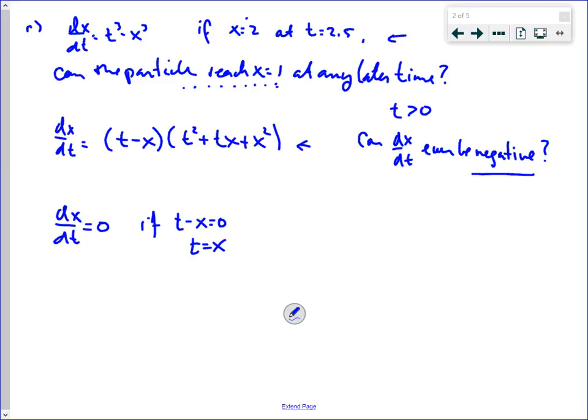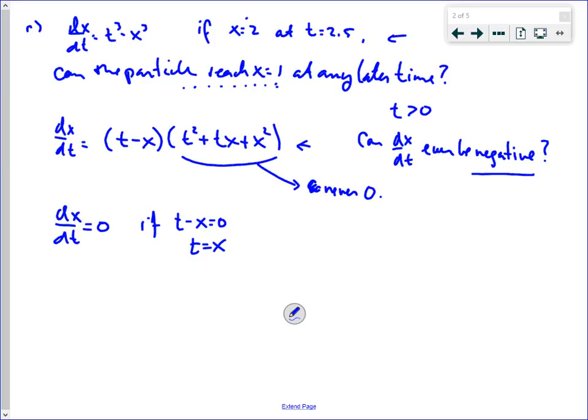And that second term, t squared plus tx plus x squared, that's never 0. This, when you look at the difference of two cubes, is never equal to 0. So the only place that our dx dt will be equal to 0 is when t is equal to x.